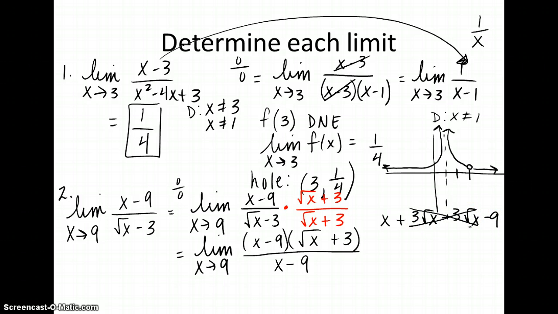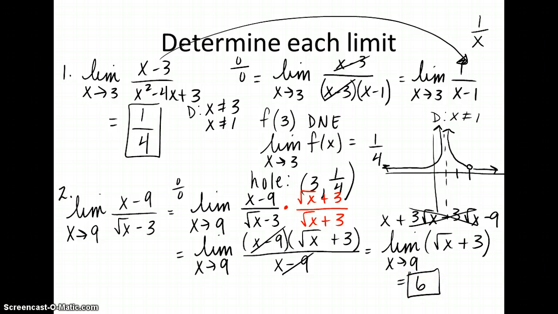That's how we get the square root out of the denominator. The x minus 9's now cancel, and it becomes a direct substitution of a problem for which 9 is in the domain. Square root of 9 is 3. 3 plus 3 gives me a value of 6.